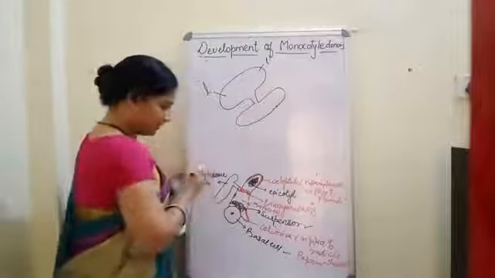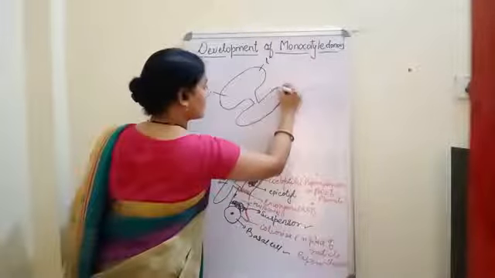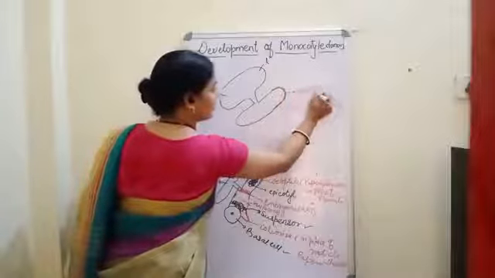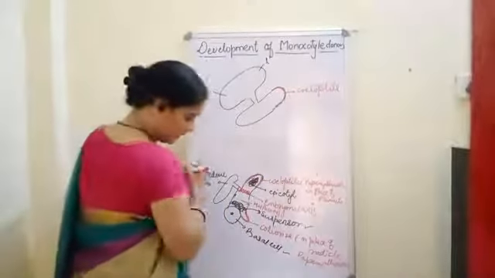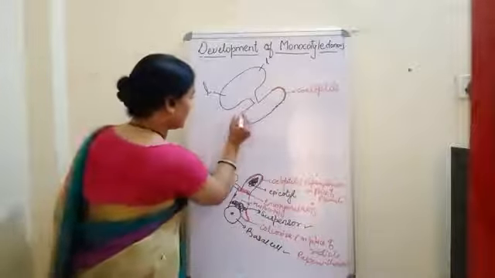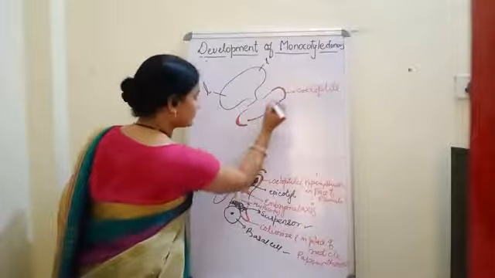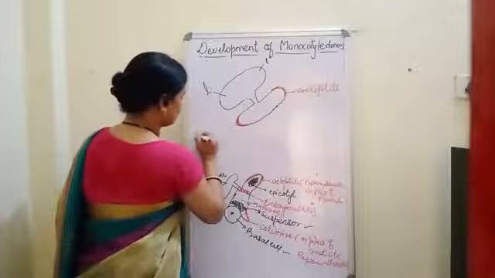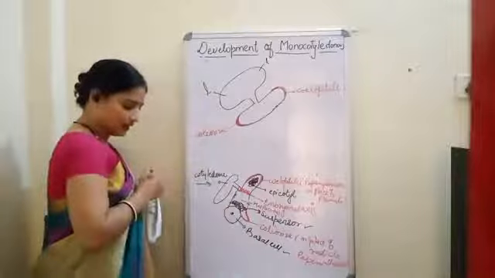Okay. Now this consists of a papery layer, and this is called the coleoptile. Clear? And there is also a papery layer called the coleorhiza. Clear?